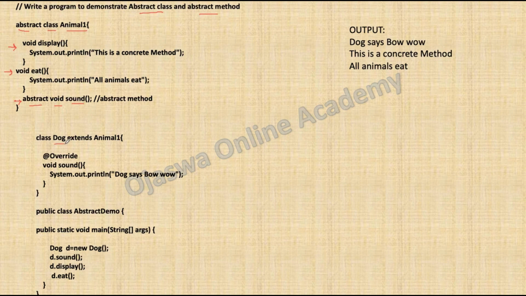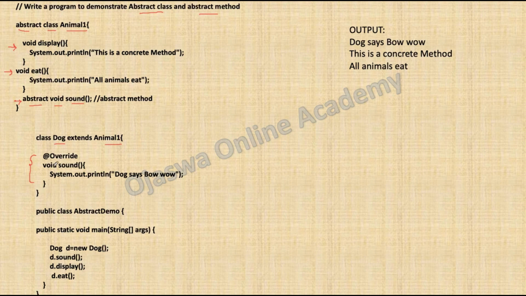Now we have the subclass dog that extends animal1. And here we have written the implementation for the abstract method sound. When we write the implementation, you should remove the abstract keyword and implement the method void sound, curly braces, open the brace, write the code, close the brace. Now this becomes a concrete method. You have given implementation for the abstract method in your class dog.